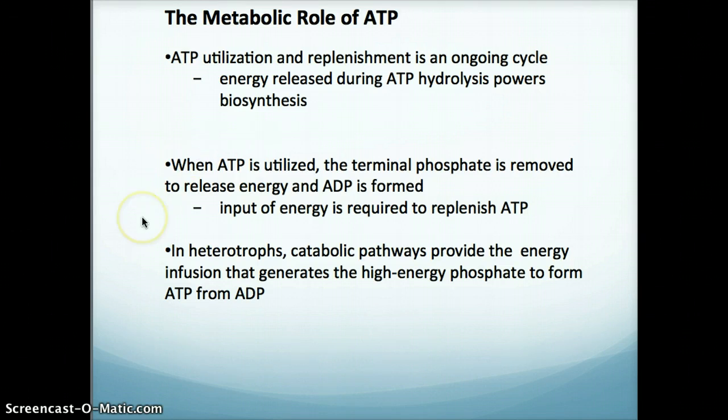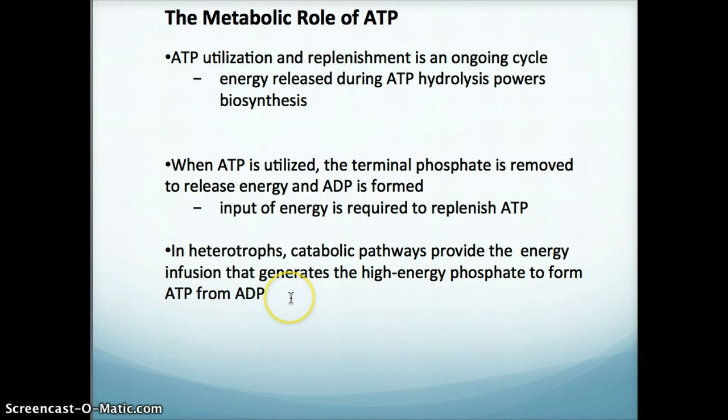When ATP is utilized, that terminal phosphate is removed. That terminal phosphate getting removed releases a lot of energy, and then you have an ADP that is left. You will need to put in energy to replenish that ATP, and that may be from the breakdown of some sort of cellular fuel.